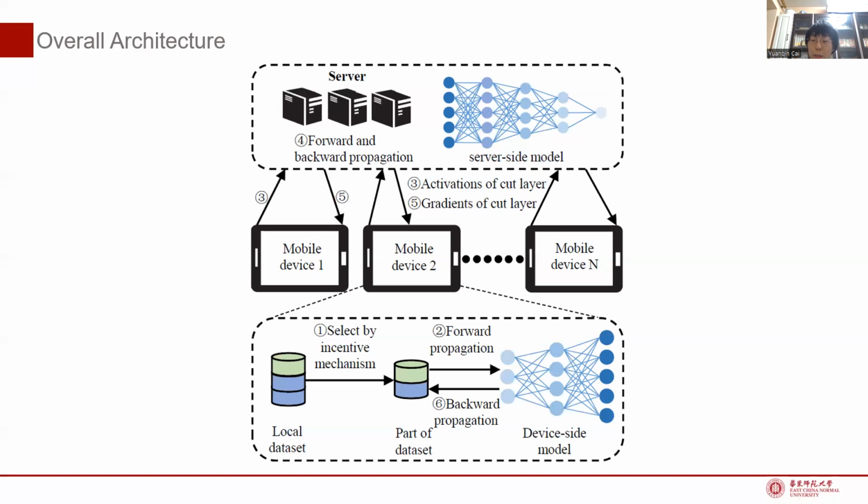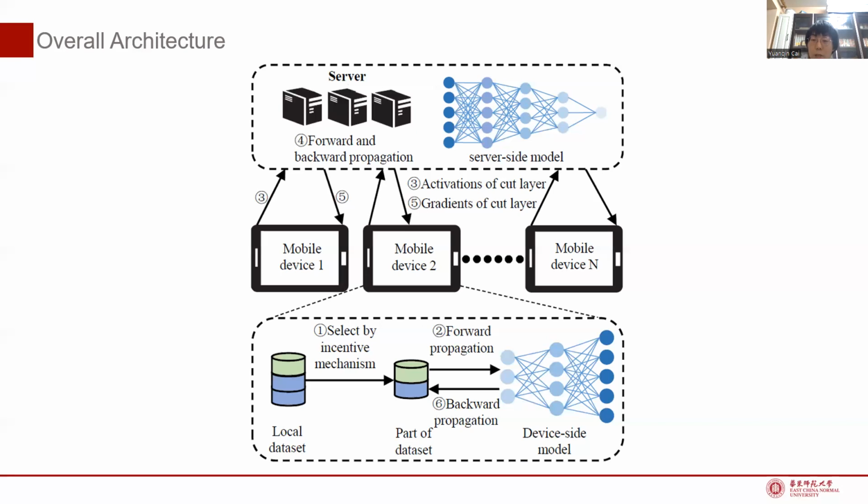In the third step, the output tensors of the cutting layer are uploaded to the central server, corresponding to the upward arrow here. After all the devices upload their tensors, the central server will start the 4th step. It continues forward propagation, calculates the distillation loss function, and makes back propagation.